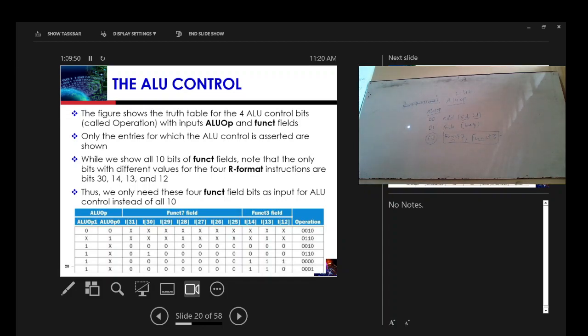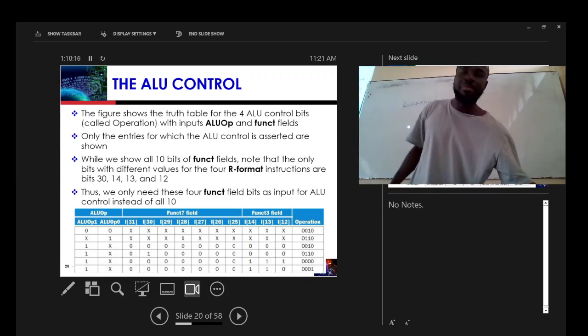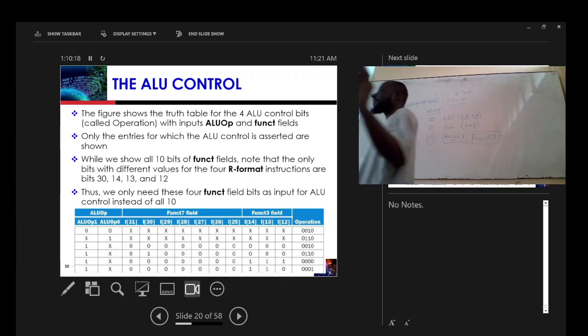So now, as I said, I've already explained that if the value is 0, 0, you don't care. Here, this I is taken from the instruction directly, the 32-bit instruction, right? You know that the Funct7 field starts from I31 to probably I25, from this sheet, you know that already.